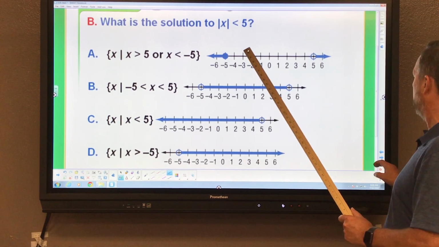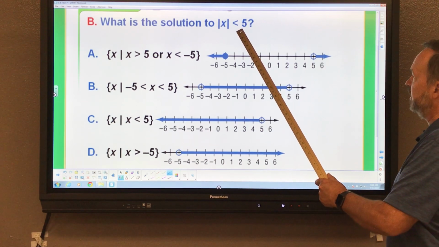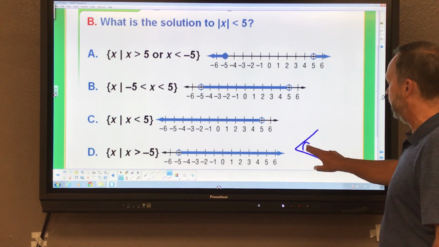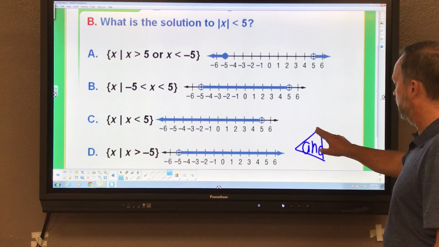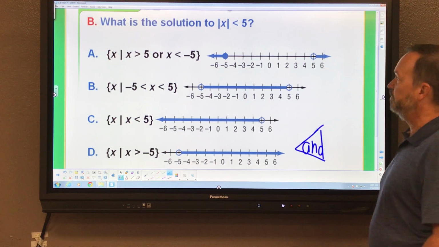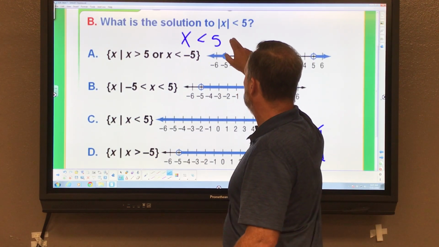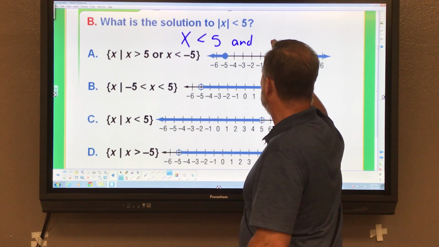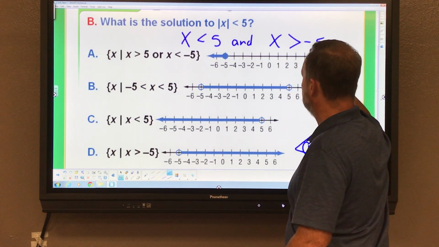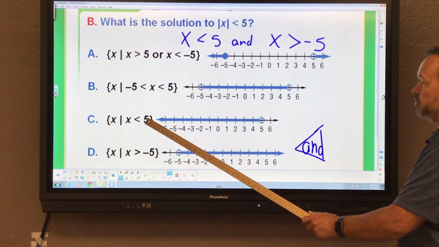So this looks a lot like the previous problem, except the sign is the and. Less than is and. And so we've got copy without the absolute value, the conjunction and, recopy, change the sign, change the sign. Okay, we know it's not that one because it doesn't say and. Those two are just singles.